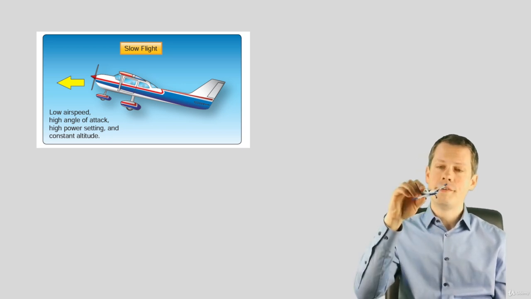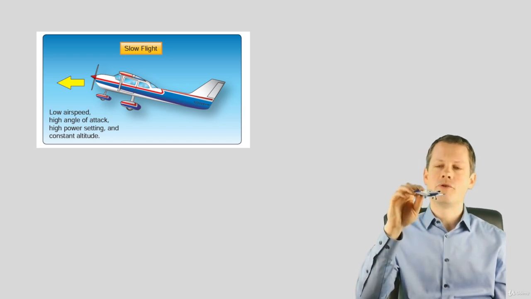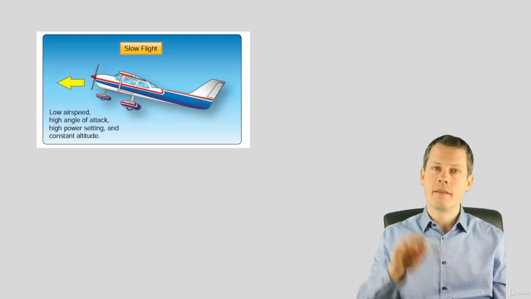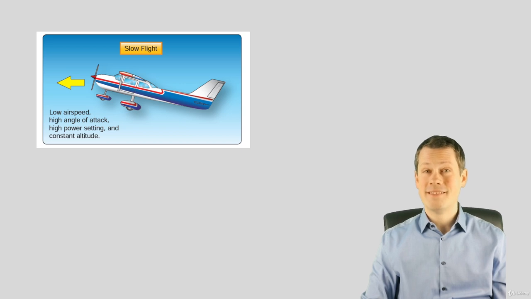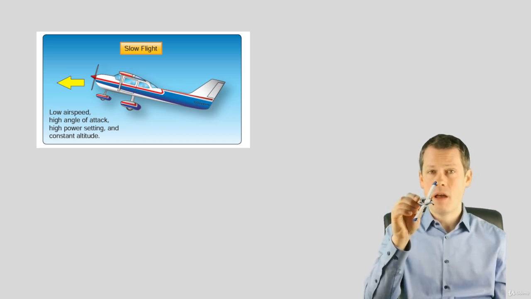If you're flying turns, of course this is possible in slow flight as well, just be sure to use only little bank. We have heard in the turning lesson that increased bank increases our stalling speed. And that's not what we want, because we are flying so slow already, that if you now introduce a large bank, we might stall.